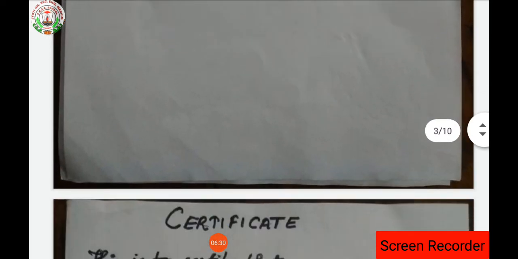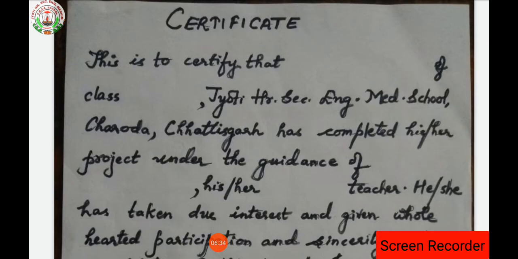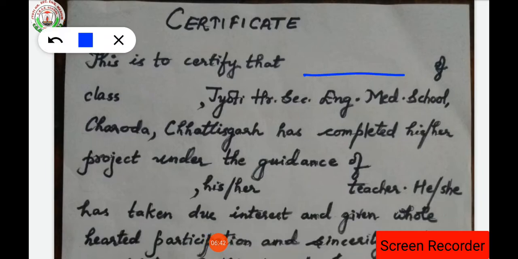Now let's talk about the third page. In the third page you have to write the certificate. In the certificate, what you have to do: this is to certify that, after a space is given, your name should be given. Suppose your name is Ansh. So you have to write your name, Ansh, of class 8th.